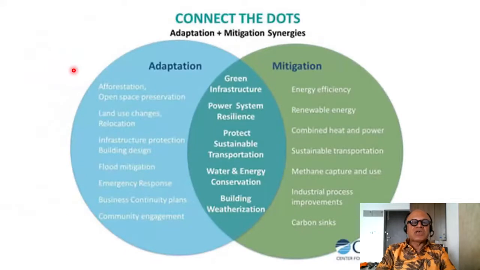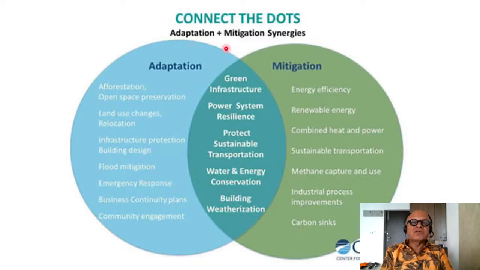Now that was taken to look at various adaptation and mitigation measures, and those that fit both adaptation and mitigation. There are many such schematics, you can call them. This one is from the Center for Clean Air Policy, CCAP.